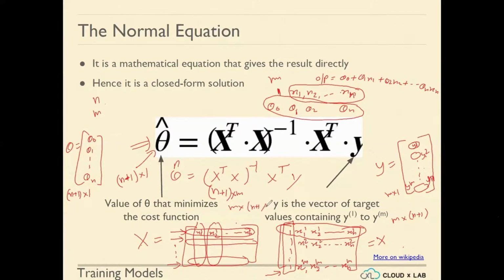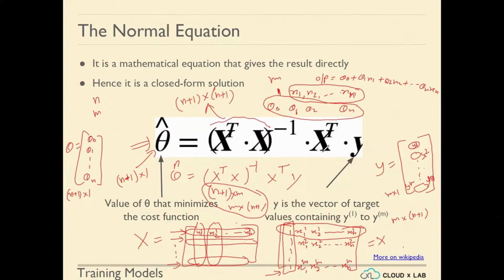So if you multiply these two matrices, n plus 1 cross m multiplied with m cross n plus 1, finally we will get n plus 1 cross n plus 1, right?